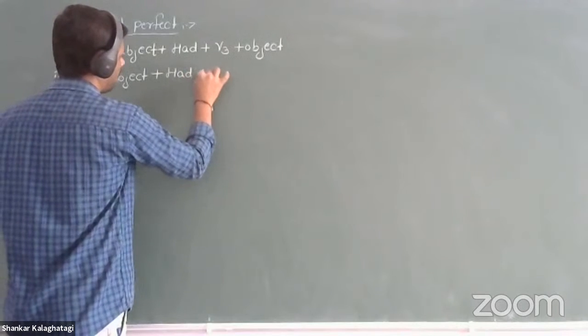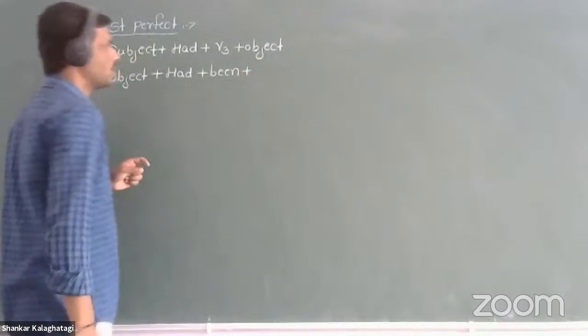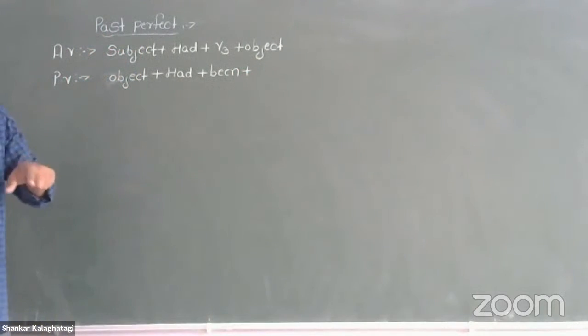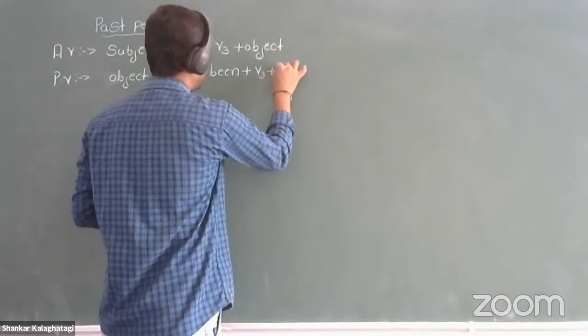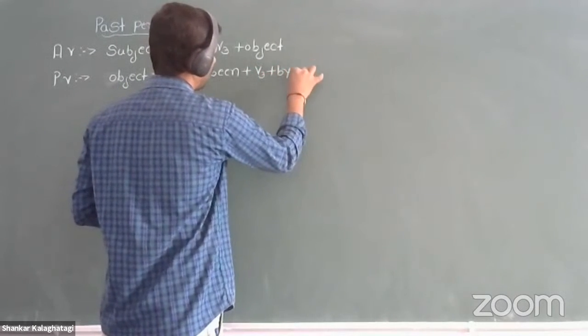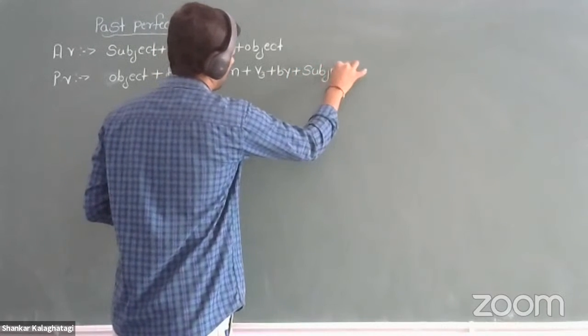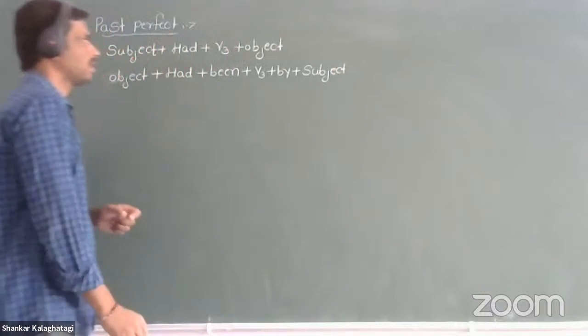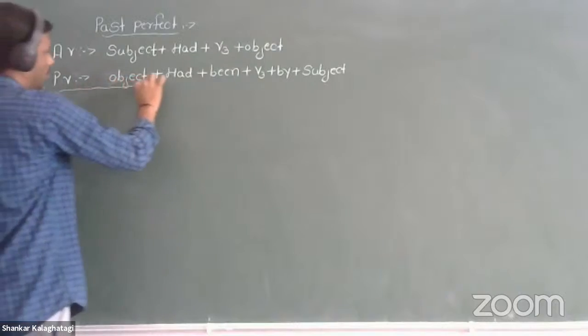Then we have to add been. After been, we have to write a V3. Then we have to write by. Last, we have to write a subject. So this is the simple, active, and the passive.